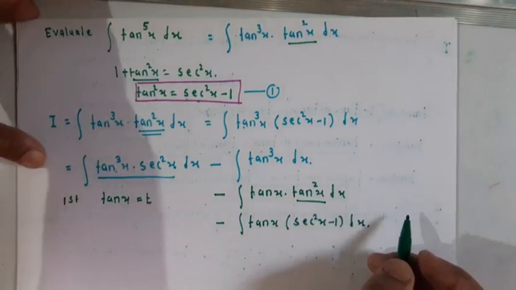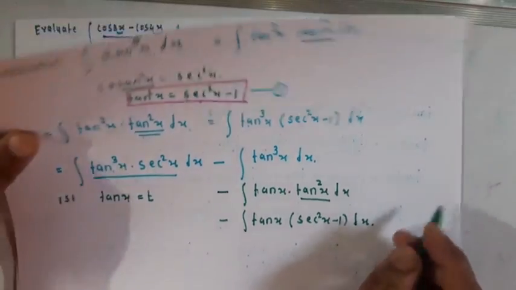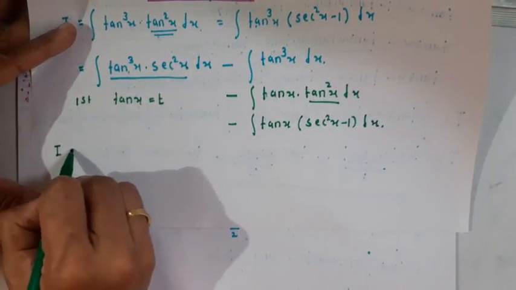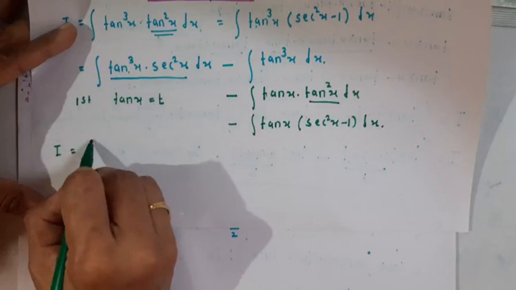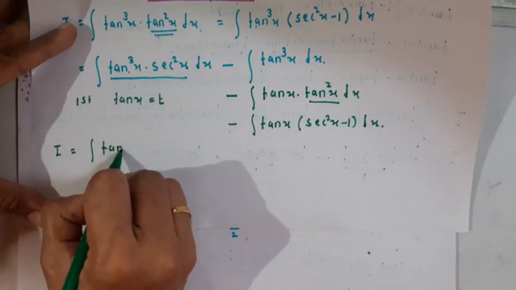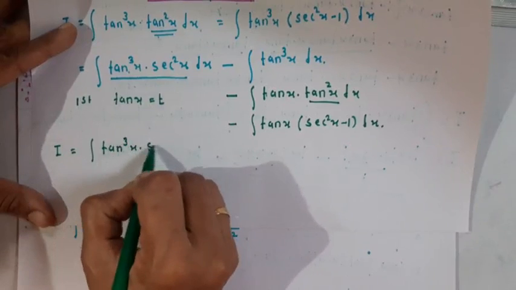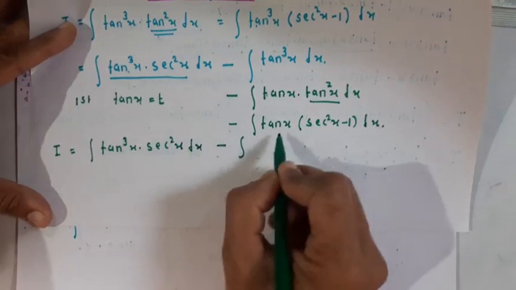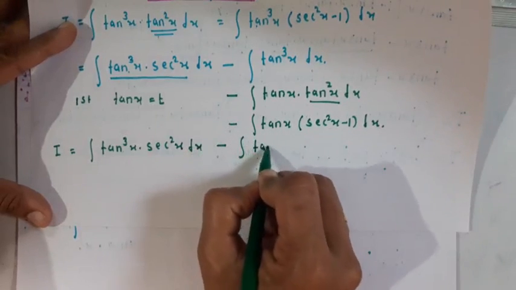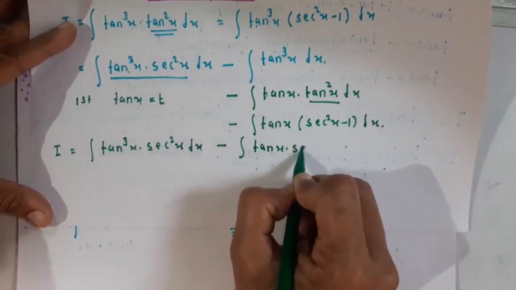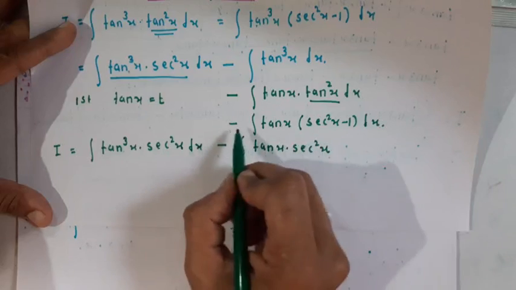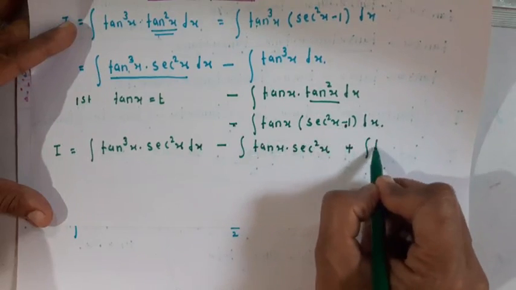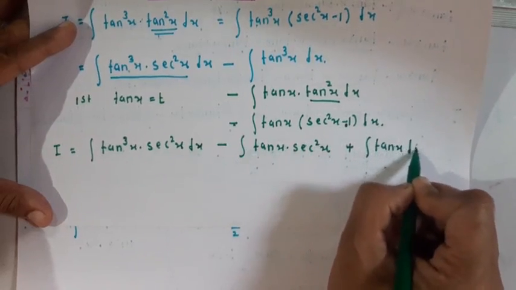Okay students, and now our integration is I equals the integration of tan cube x into sec square x dx minus tan x into sec square x, and minus becomes plus, the integration of tan x with respect to x.